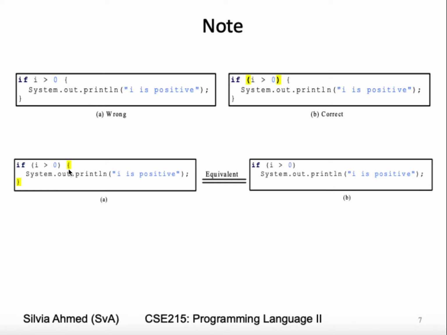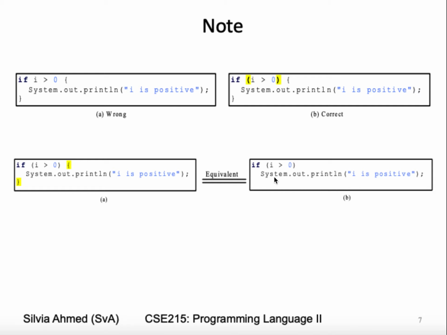Next, if we have only one single statement to execute, we can put it inside a block. Even if we don't enclose it in the braces, only one statement will be associated with the if condition. So definitely when we have multiple statements to execute, we must enclose them in a block.